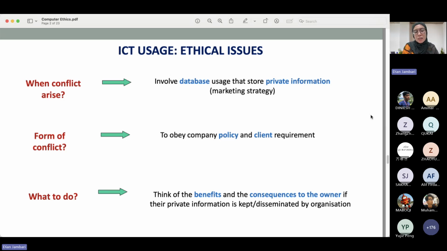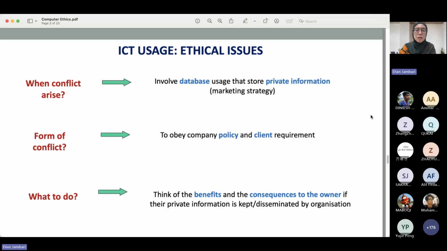But since the information has value for marketing, the organization may decide to use it. Ethical issues can arise here. It may not be a legal problem, but it can be conflicting in terms of ethical consideration: the information was not intended for marketing, but we are still using it for marketing.